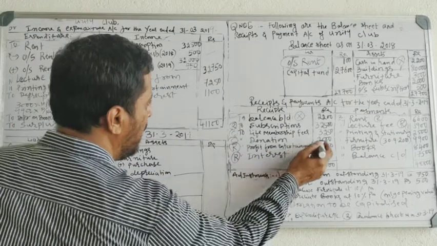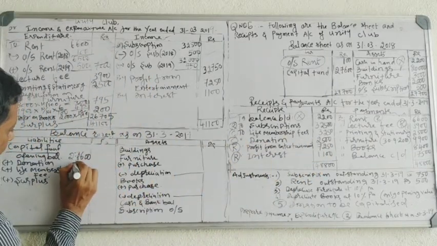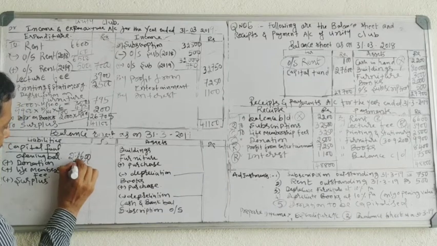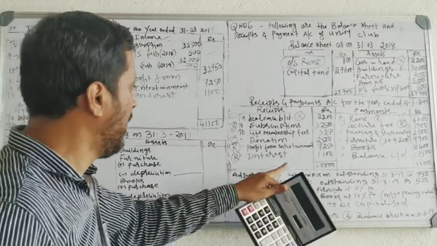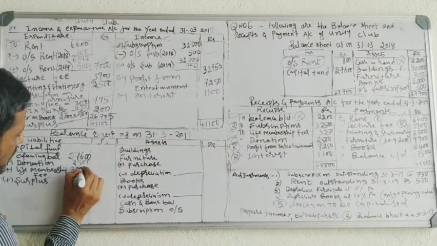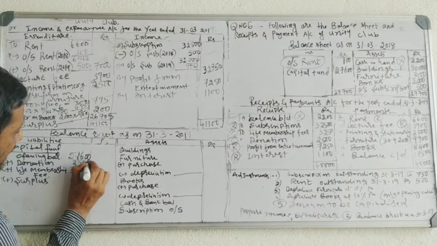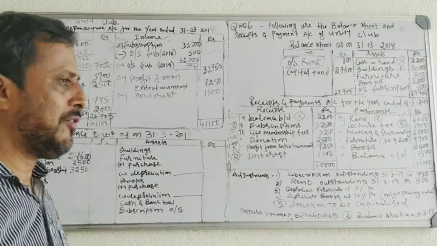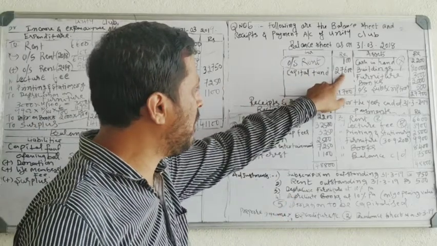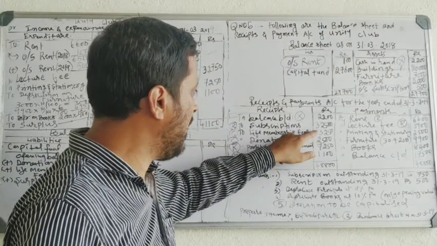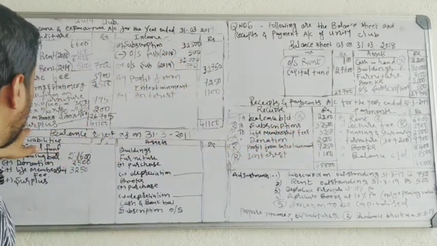Donation 2,500. Life membership fees 3,250. Then after taking the opening capital fund and adding these two capital receipts, donation and life membership fees, you have to take the surplus.